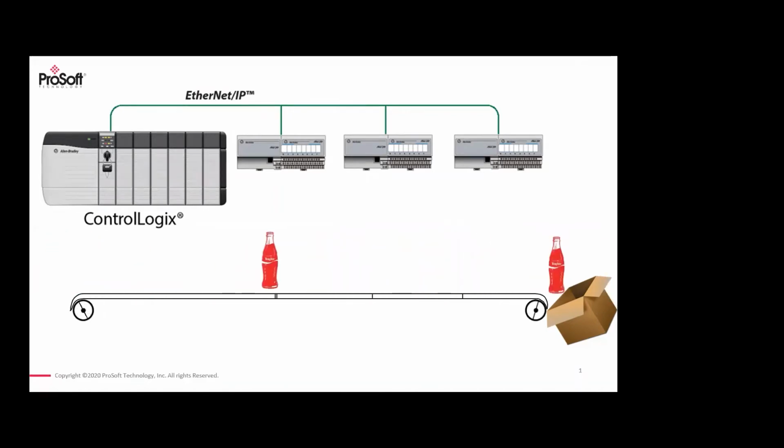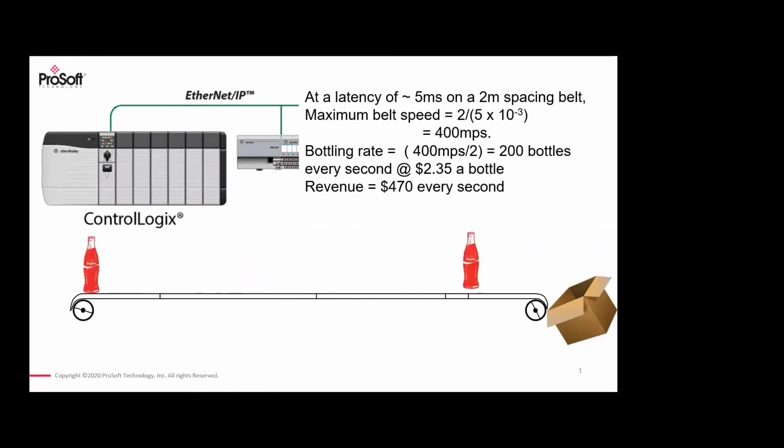Right. And the system can now cap as many as 200 bottles every single second. And assuming that the revenue does not change, which it normally wouldn't, the new modernized system now generates $470 every second. So modernization in this case would be a no-brainer.